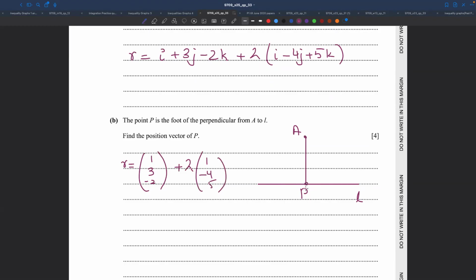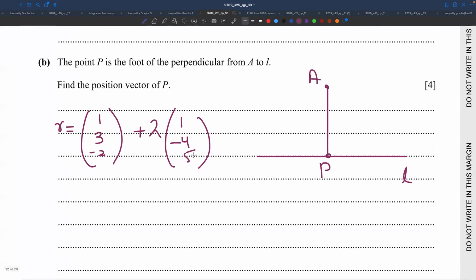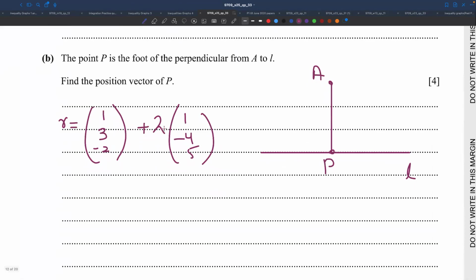Now to find the coordinates of P, we need the value of lambda for this particular point. When we plug in the value of lambda, we'll get the coordinates for P. Now to find the value for lambda, we know that AP is perpendicular to the line L. So we apply the formula a dot b equals |a||b| cos theta.